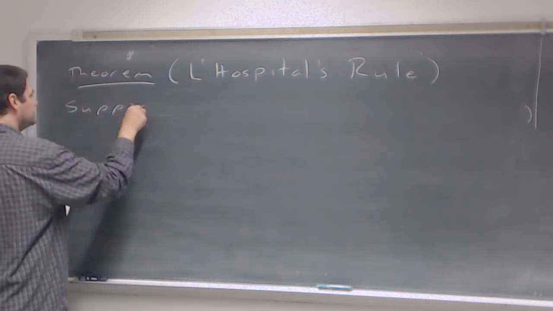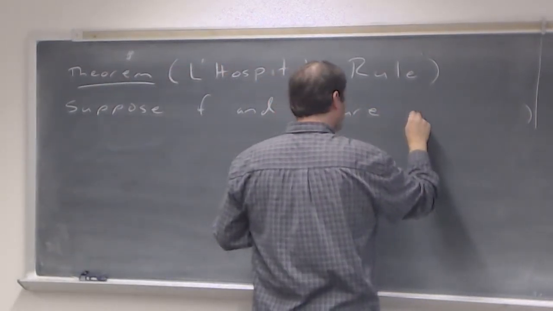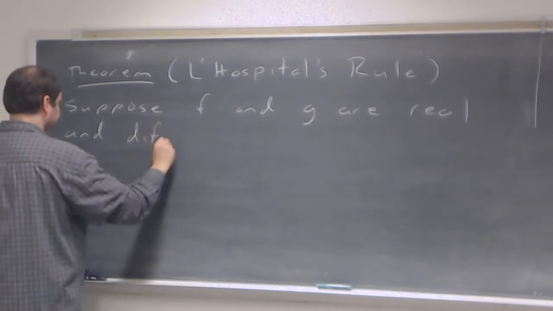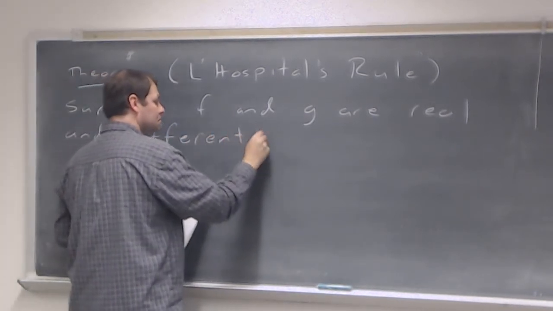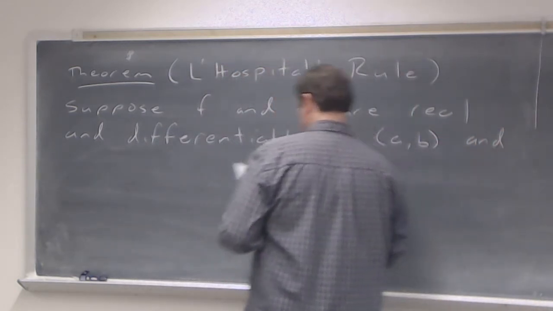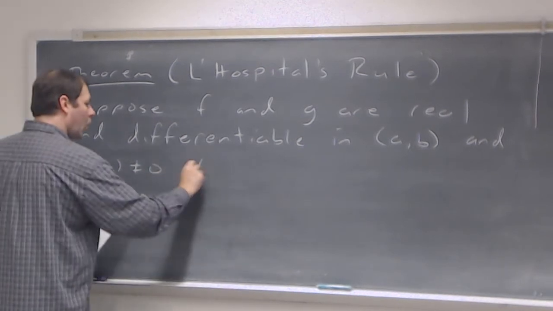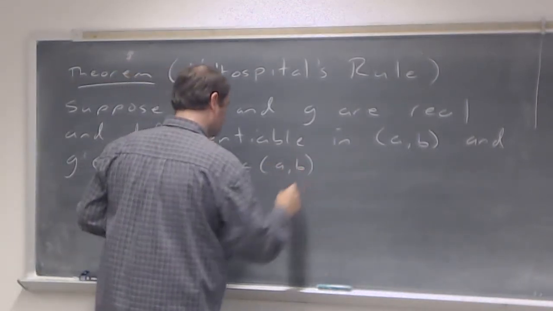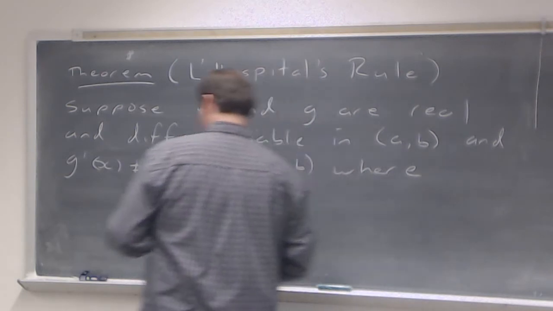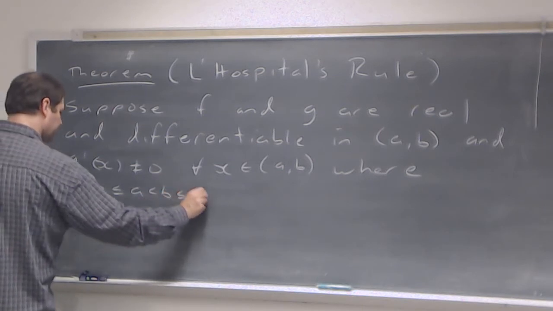It says suppose f and g are real and differentiable in a to b, and g prime of x is different from 0 for all x element of a to b, where minus infinity is less than or equal to a is less than b, which is less than or equal to infinity.